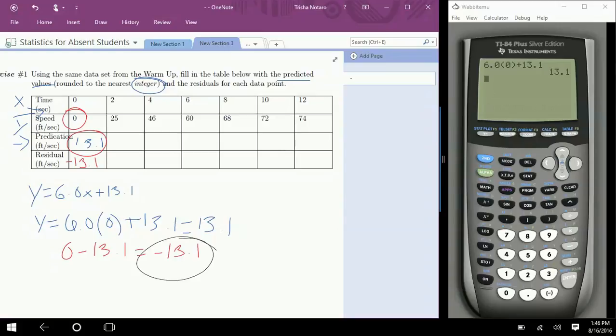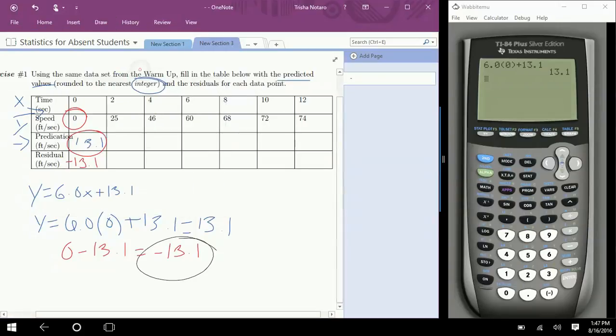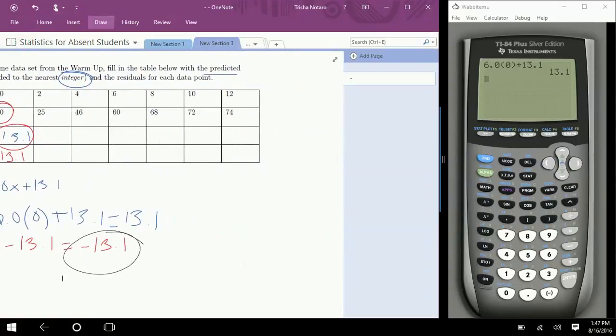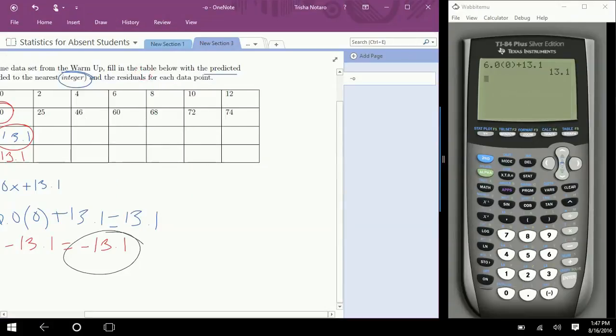Okay, so let's do another one. I'm going to do number 2. So we're going to go y equals 6.0 times 2 plus 13.1.